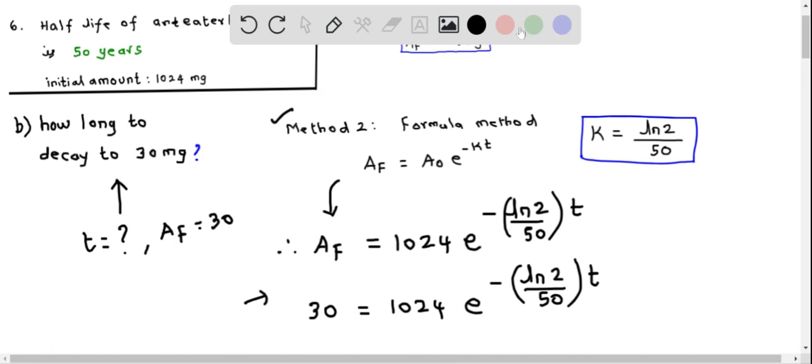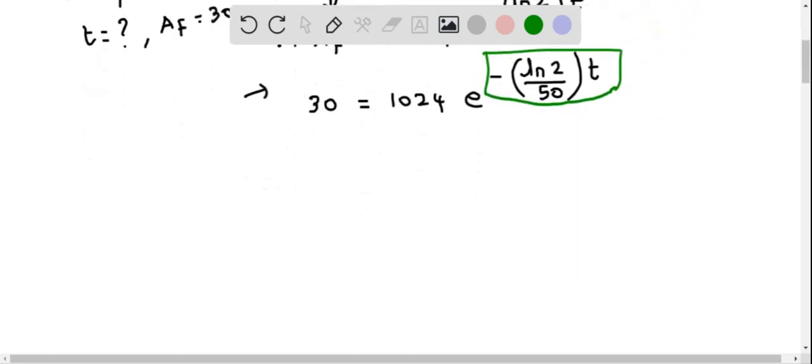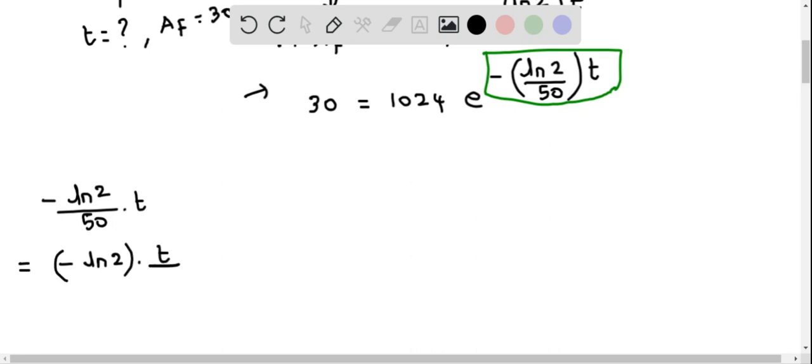Let's simplify this complete expression. We have natural logarithm of 2 over 50 times t. So this can be written as negative natural logarithm of 2 times t over 50.